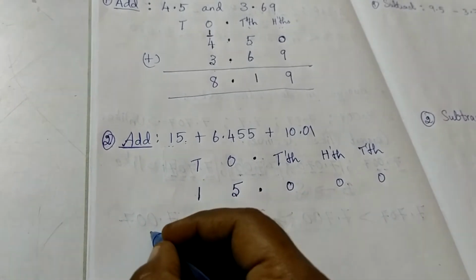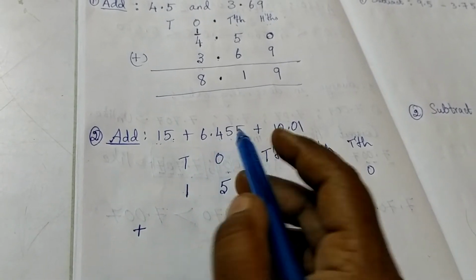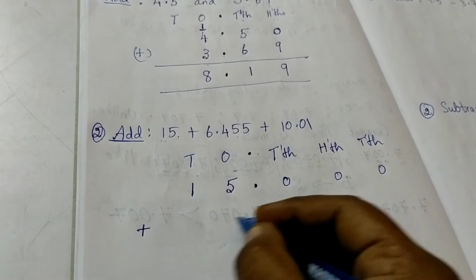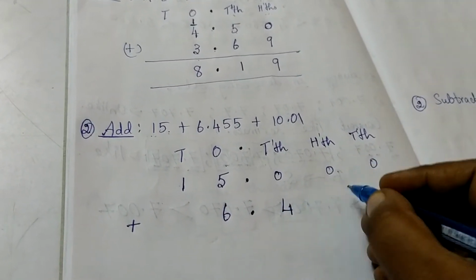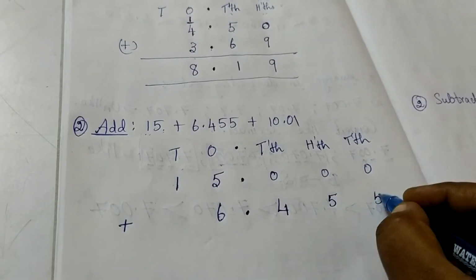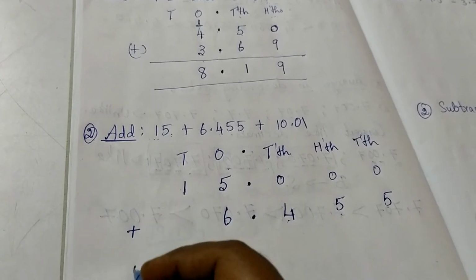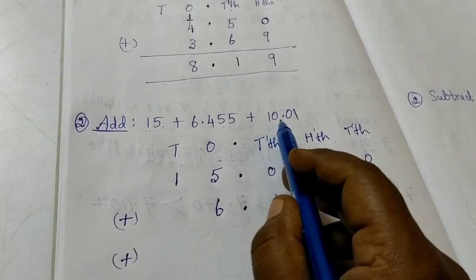Next number plus 6.455, that is a decimal. Continue the decimal point. Before decimal 6, after decimal 4, 5, 5, tenths, hundredths, thousandths. Again one more number is given to add, 10.01.